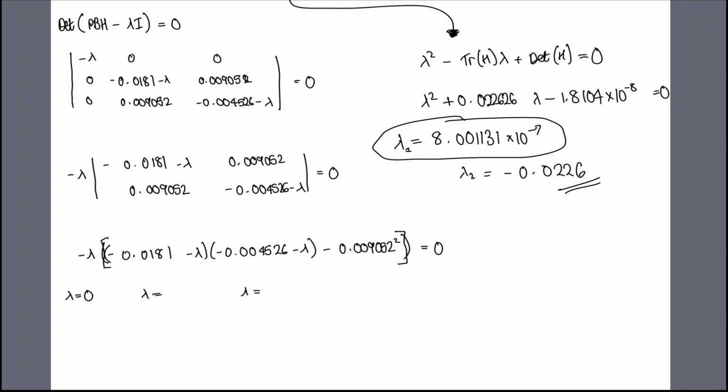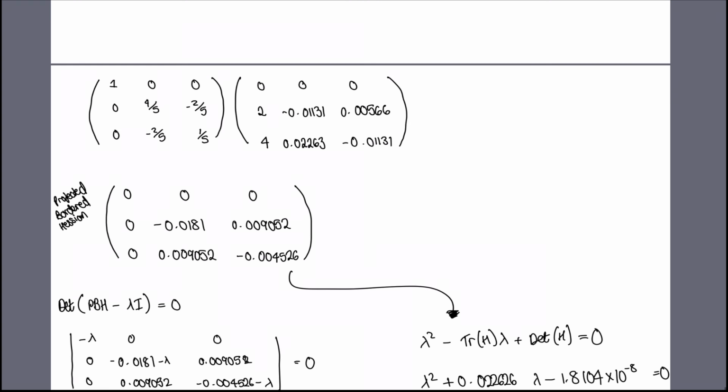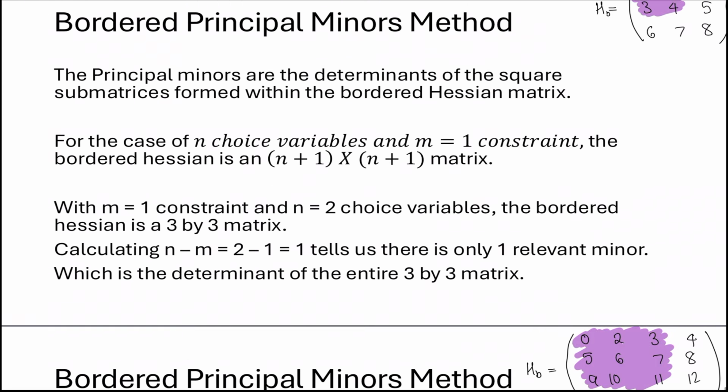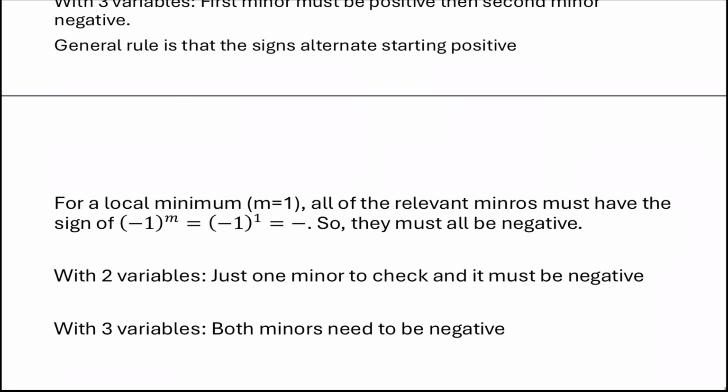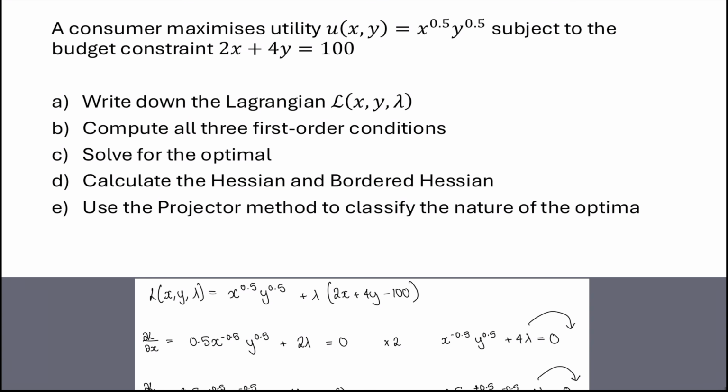This is practically 0, 0.000008001113, and then we get this non-zero eigenvalue. As we can see, this non-zero eigenvalue is negative. So if we go back to our table, a negative eigenvalue means it is a local maximum. So classifying the nature of the optima, it is a maximum.